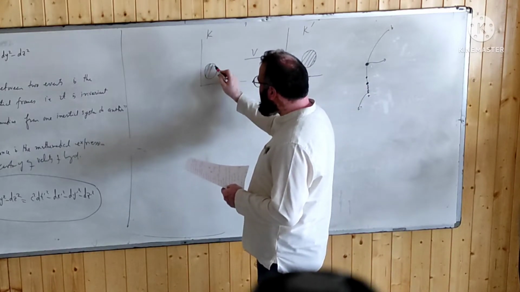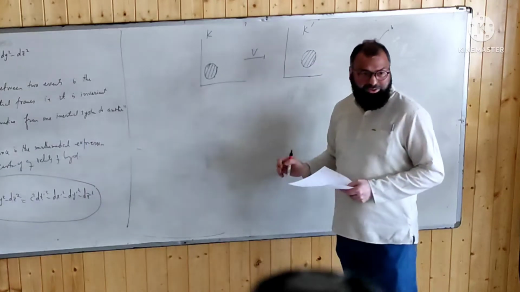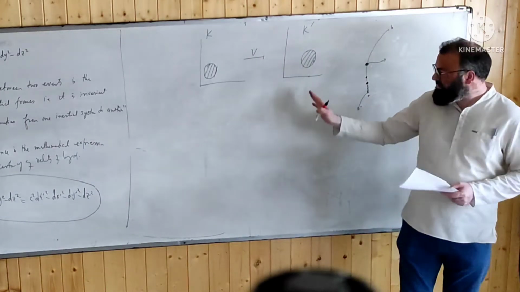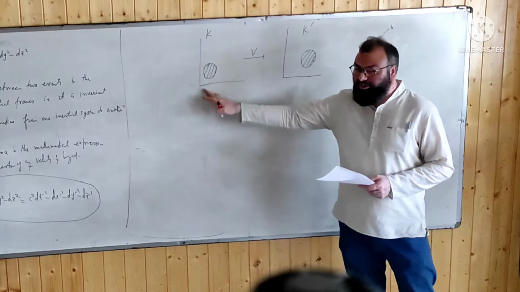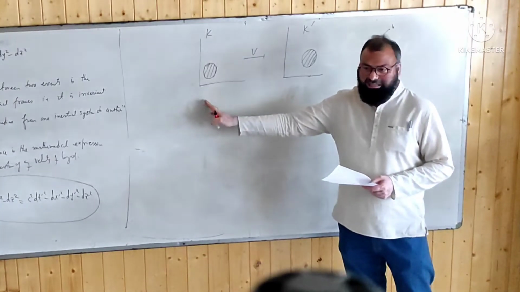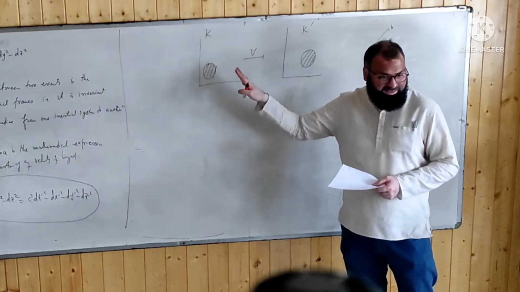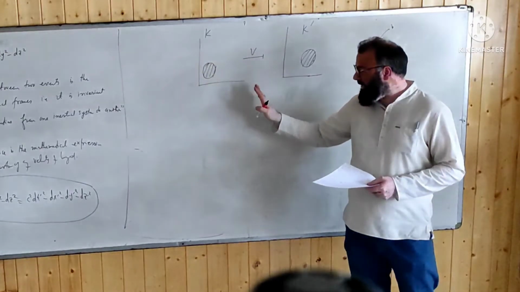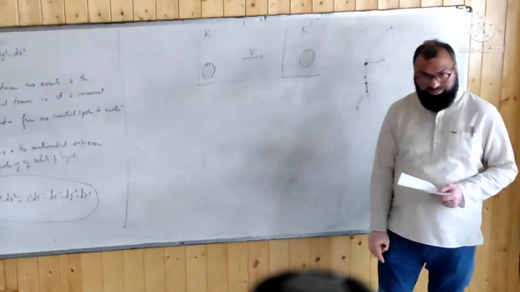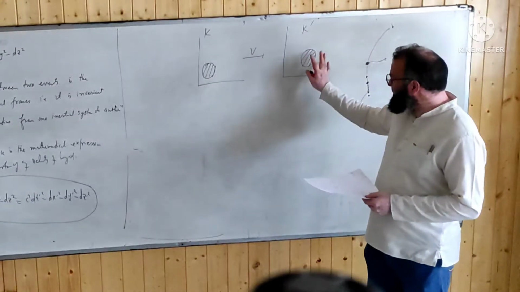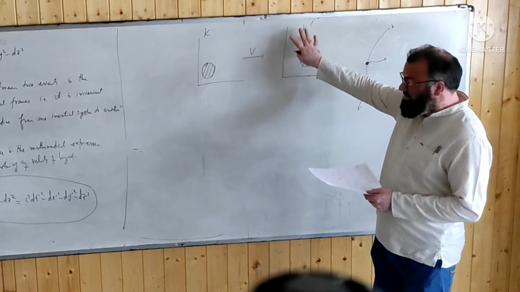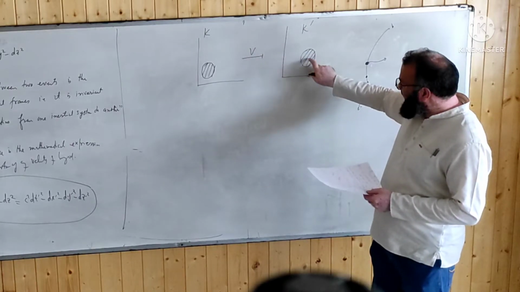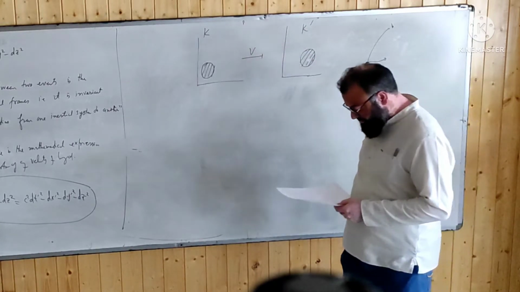You first synchronize the two clocks. You take the origin here and origin here, and match the origins such that it appears as one coordinate system. Then you synchronize the timers on both clocks and allow one clock to move. Since this is a moving clock, at rest in its own frame of reference, the time shown by this clock is the proper time.